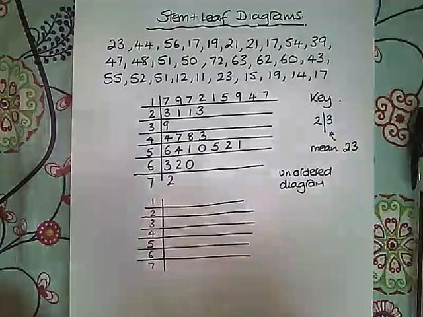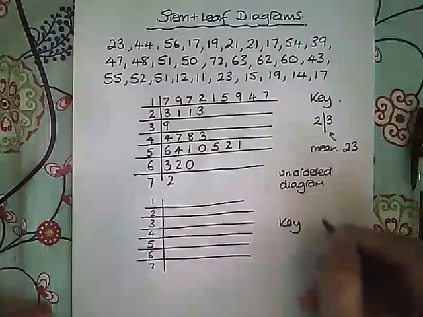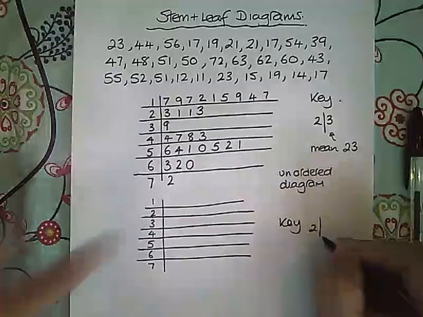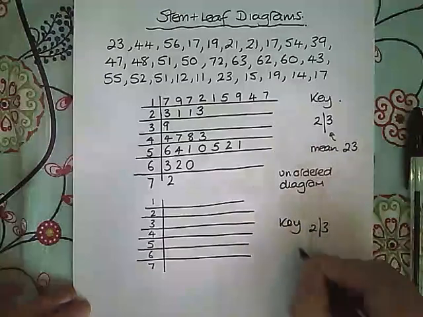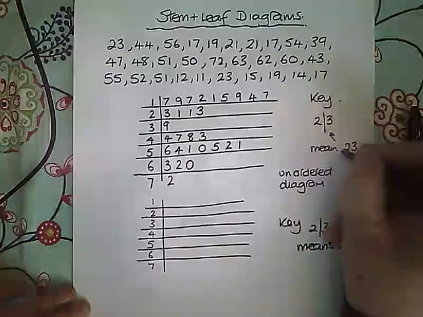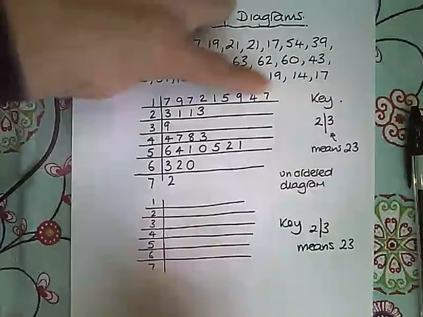So this is now our ordered diagram, and we also need to make sure that we put a key for that. We can use the same key, so 2 with the line going down here, and then a 3 means 23. Okay. Then we need to put this top line here in order.